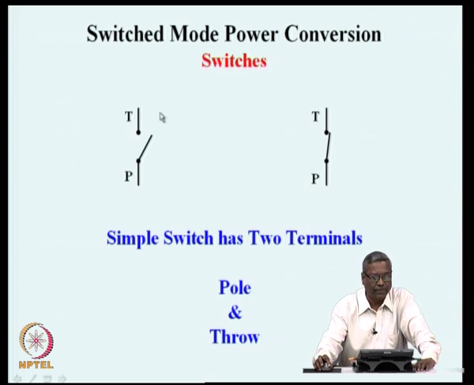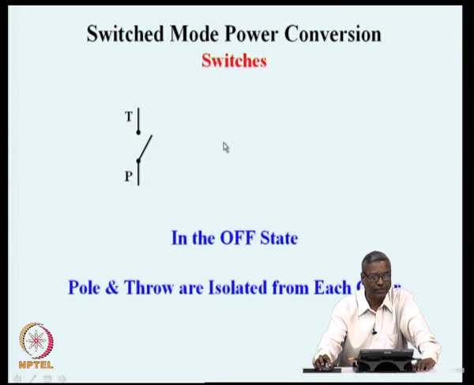The simple switch that we see here has two terminals and two stable states. The stable states are the off state here and the on state here, and the terminals are designated as a pole and a throw. So, this particular switch has one pole and one throw.